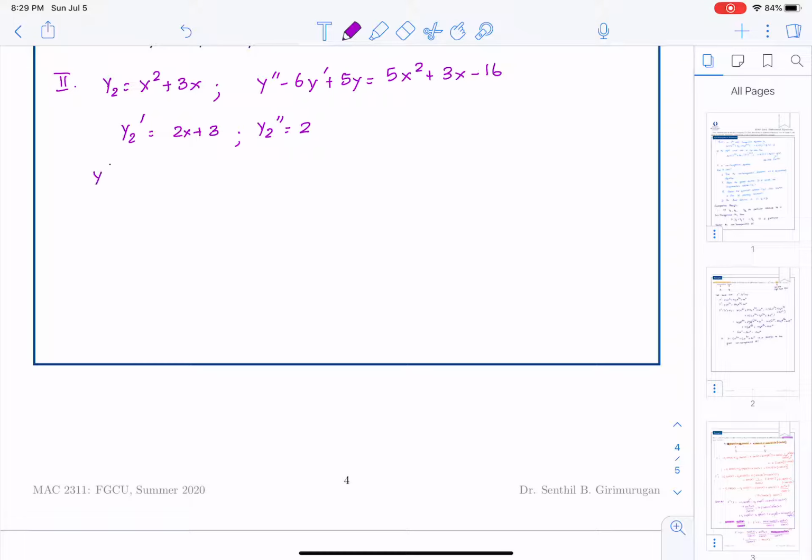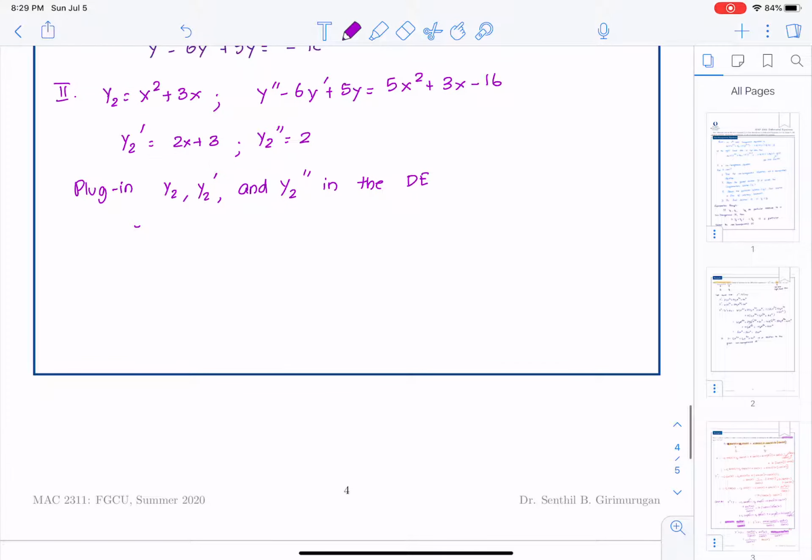So plug y2 prime and y2 double prime into the DE, the left-hand side.